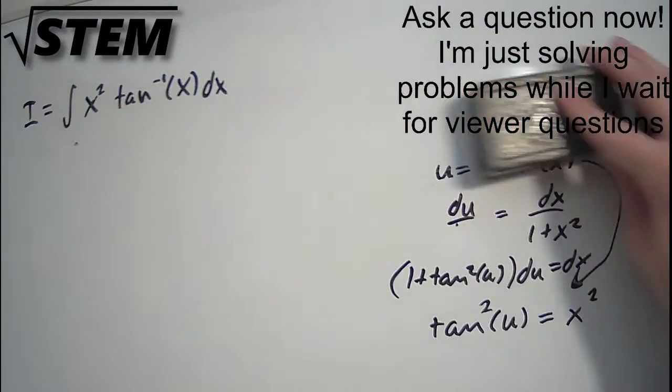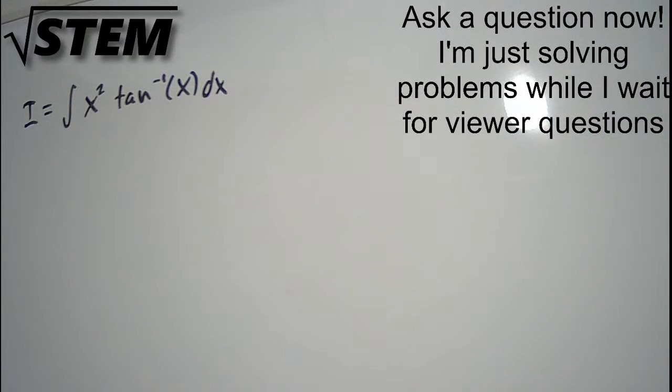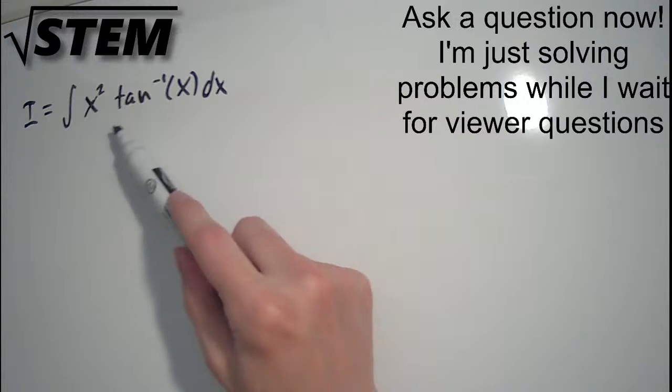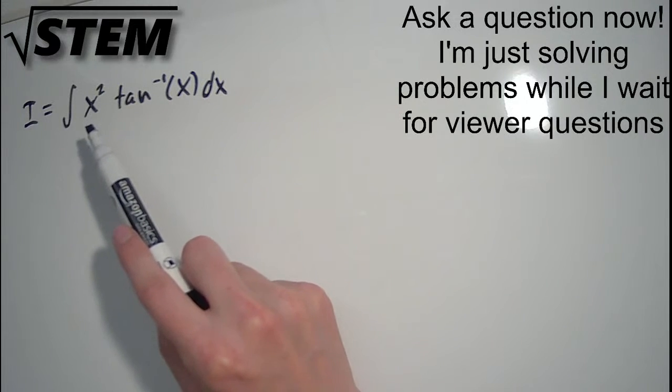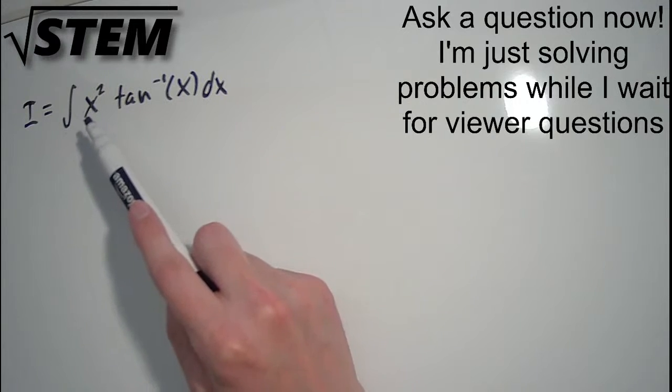I'm gonna step back and think about a different substitution maybe. Or doing it by parts. Because individually we could integrate either piece of this. And if we do derivatives on the x squared, we could get rid of it altogether.